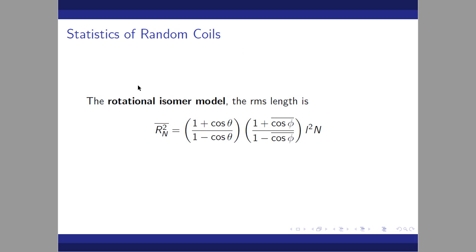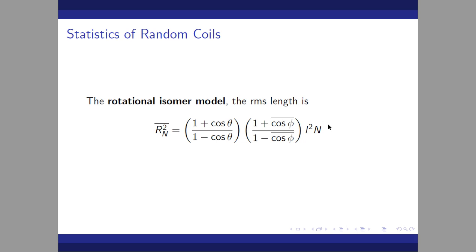Okay, so if we decide what alpha is, we can estimate the end to end length. So next is the rotational isomer model. The root mean squared length is equal to the factor of 1 plus cos theta over 1 minus cos theta, and 1 plus cos p over 1 minus cos p. Okay, so this one is moving around, and then we can do the rotation about the molecule.